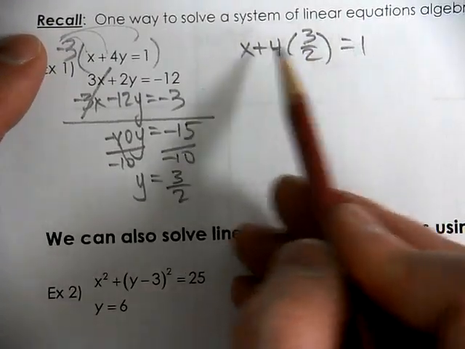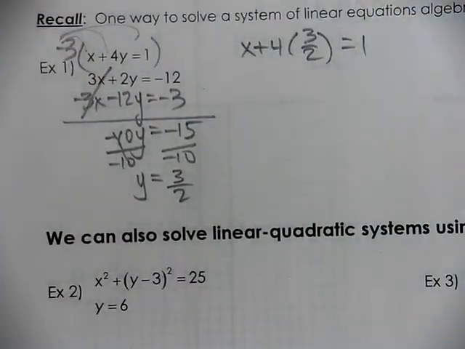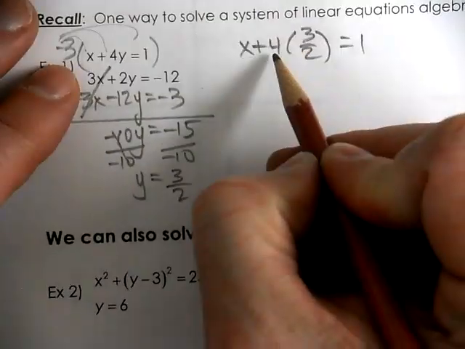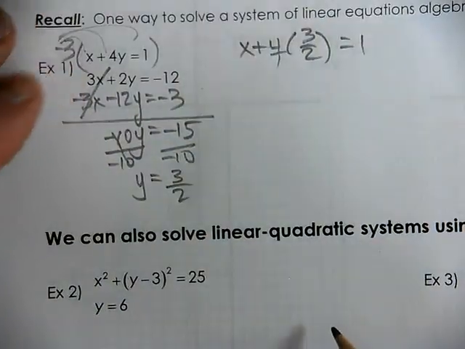Now, how do I multiply the 4 times 3/2 together? How do we do that math without a calculator? We get our value of 1 for our denominator.